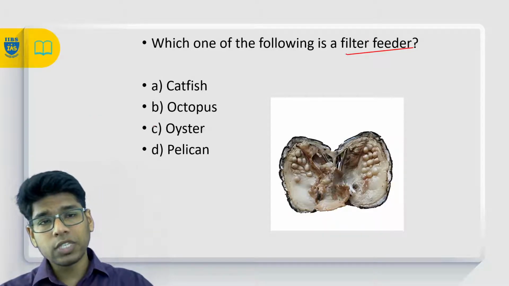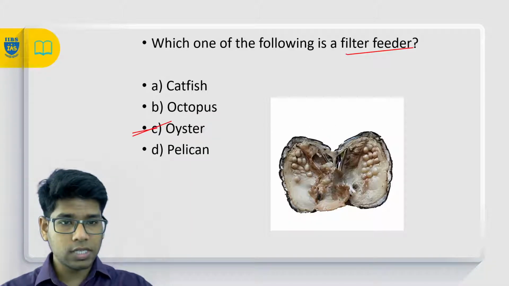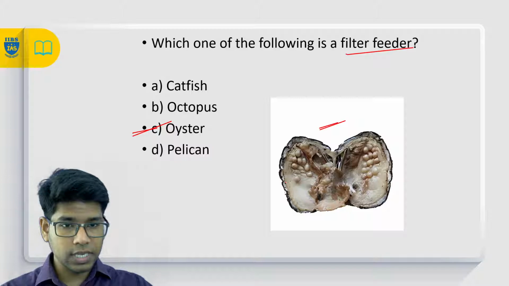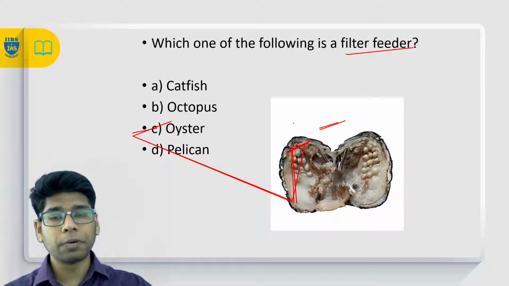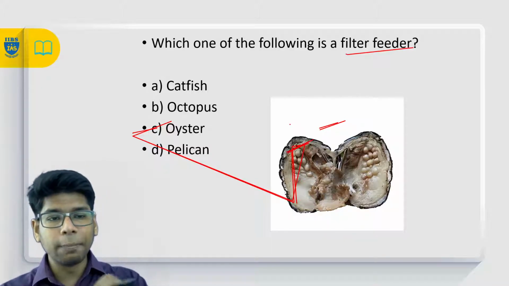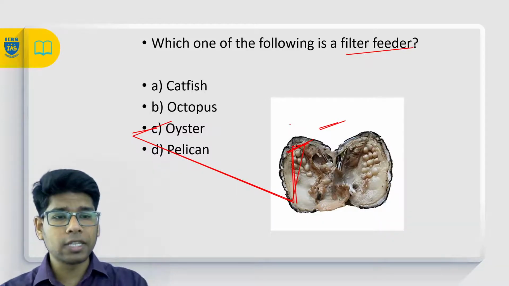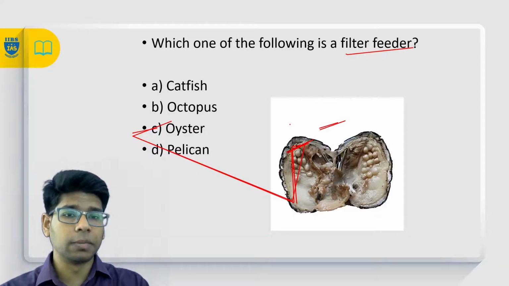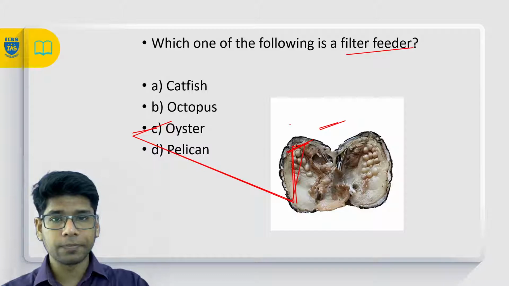The one which has the filter feeding mechanism is the oyster, as you can see here. The oysters have filter feeding at the gills, filtering the particles from entering. To form pearls, we open it a bit and add small sand particles, which in turn form into pearls. So the oysters have this filter feeding mechanism.